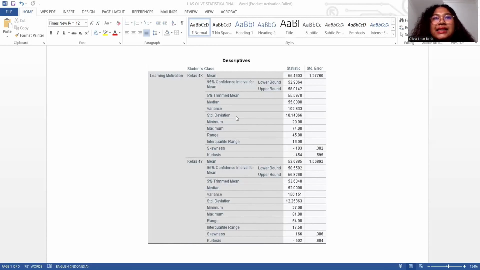And let's see the standard deviations. The standard deviation for class X is 10.114, and for class Y it is 12.25. That means the standard deviation of class Y is higher than class X, which means the spread of the distribution has more variance.